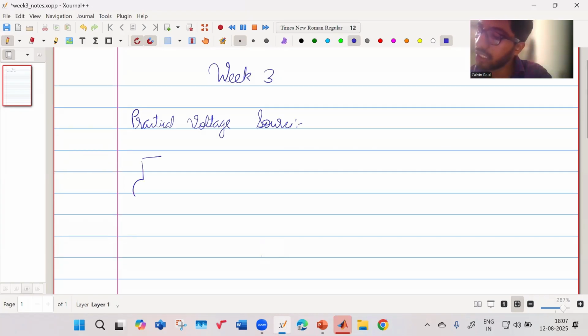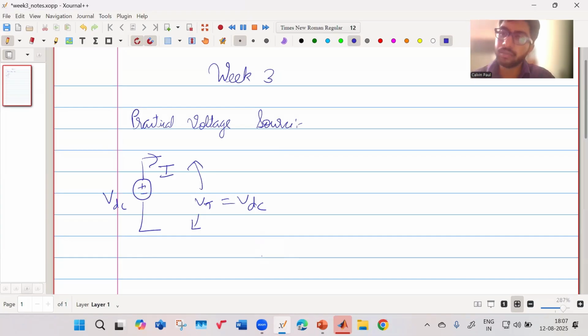Ideally, this is our voltage source, say VDC. Irrespective of how much current is being drawn by the circuit, the voltage at its terminals would always be VDC. This is an ideal voltage source.